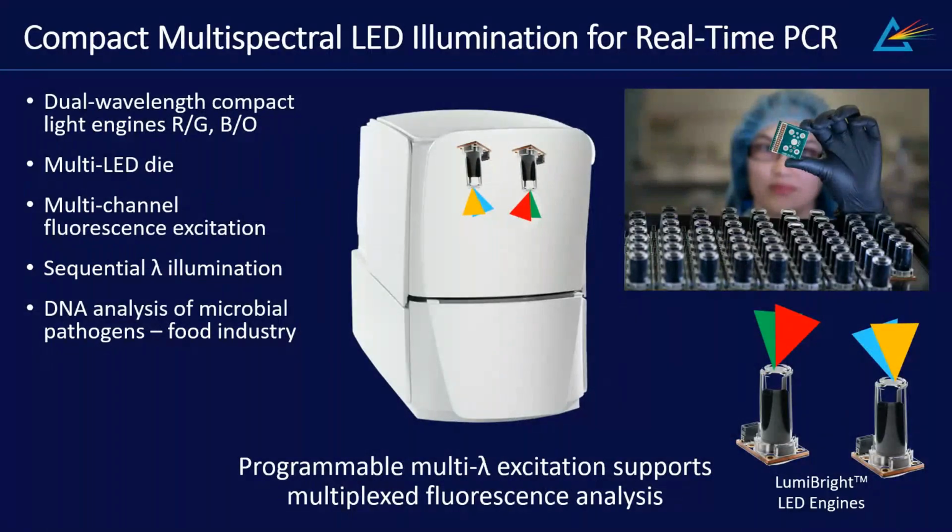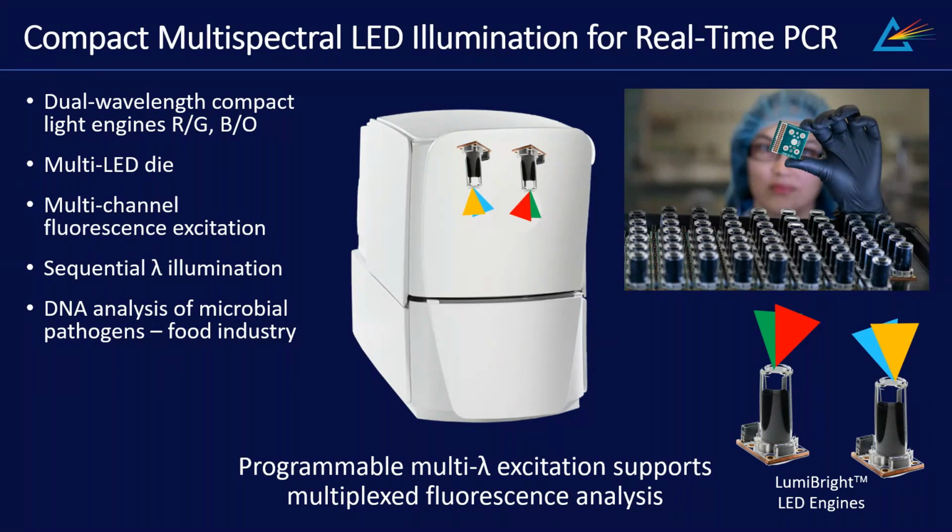Real-time PCR systems often require compact, multi-wavelength illumination, capable of selectively exciting multiple fluorophores with high stability and repeatability. Real-time PCR instrumentation is a good example of how many of the engineering concepts we discussed earlier come together within a practical biomedical system. These systems require compact illumination sources capable of exciting multiple fluorescent markers used for DNA analysis and pathogen detection.